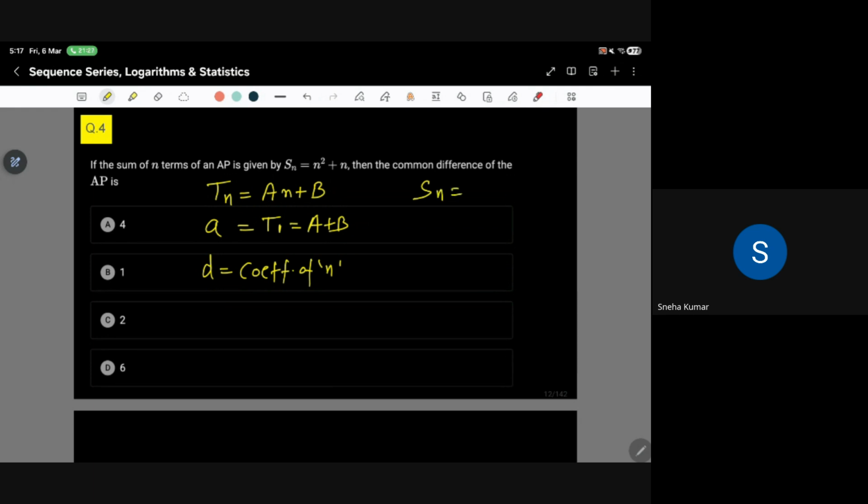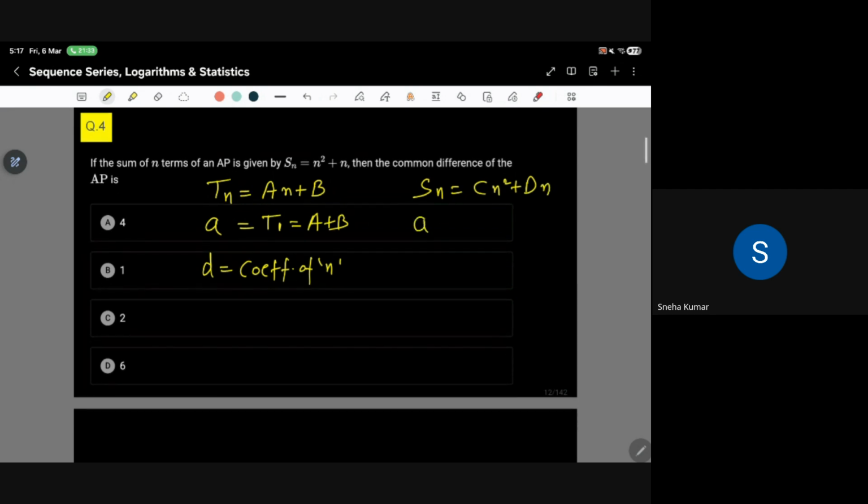In the same way, if Sn is there, so let's say Cn square plus Dn. So the first term is when you substitute n equals 1, so it becomes C plus D. Common difference here is 2 times the coefficient of n square. Okay, so who is the coefficient of n square? 1.